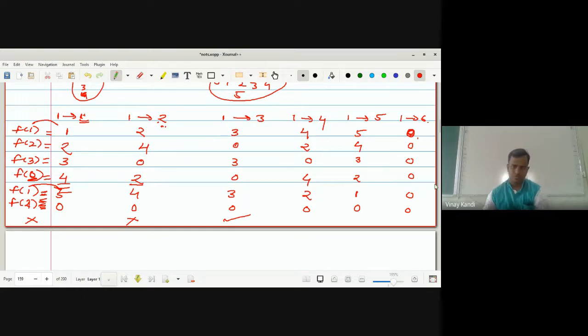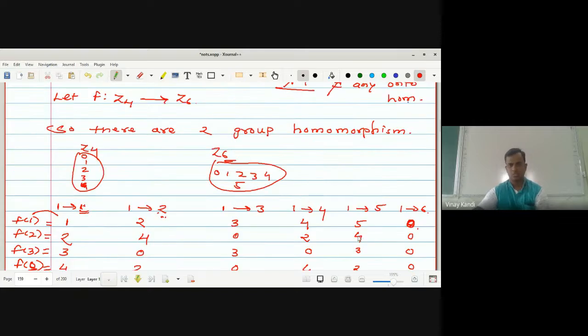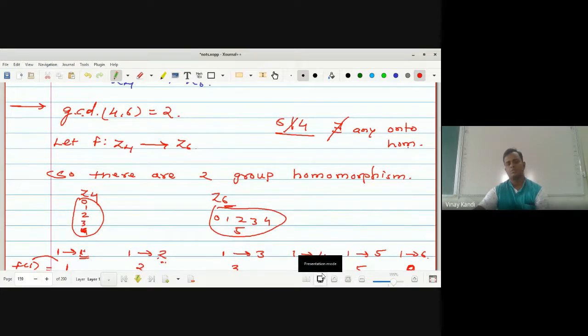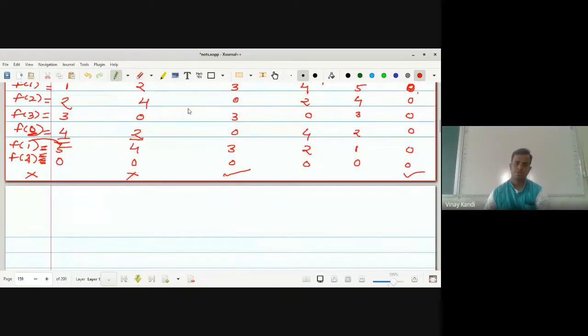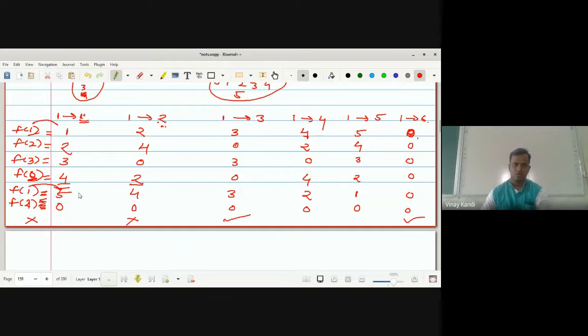Okay, wait a second. This zero function is always a homomorphic function. This is one mapping, and this one does not work. 2 maps to 2 here. 1 also maps to 4, and 1 again maps to 0.